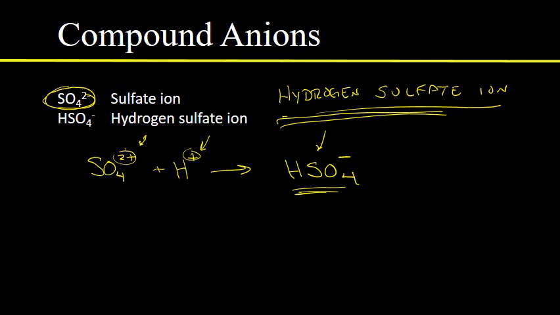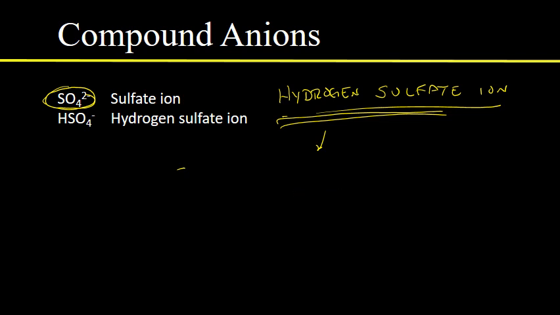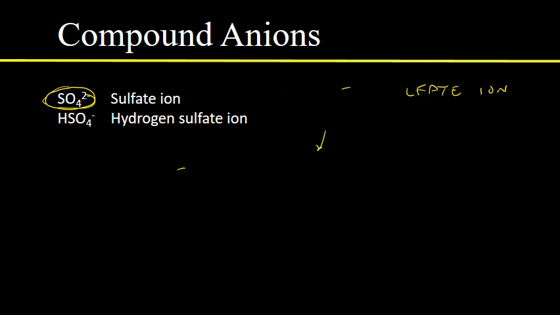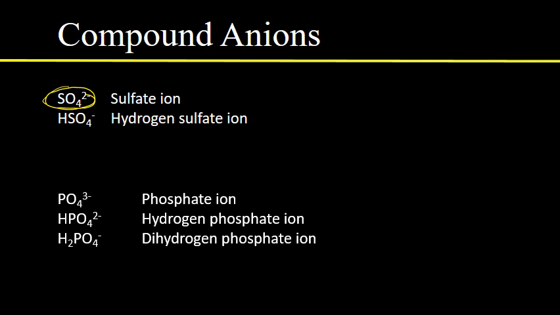Now you can add one hydrogen to sulfate to make a hydrogen sulfate ion. Actually, I'll come back to that. Okay, so if you add a hydrogen, then the formula changes by adding one hydrogen, and the net charge goes up by 1, okay? Because the hydrogen has a +1 charge. So if we've got something like phosphate, right?